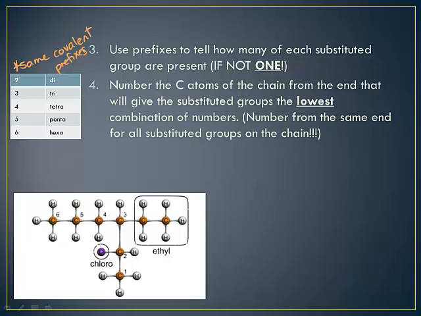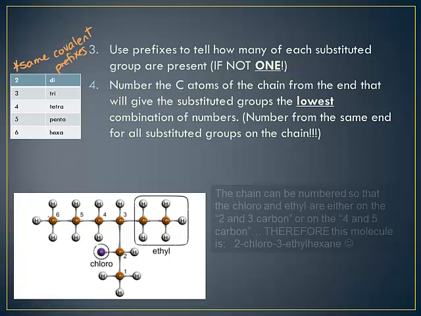Next, we number the carbons in the chain so that we get the lowest possible number or combination of numbers. You have to number from the same end for all substituted groups. Sometimes people are tempted to start numbering at one end and then switch to the other end to give a lower number to one particular group, but you always have to look at the lowest combination of numbers from one particular end.